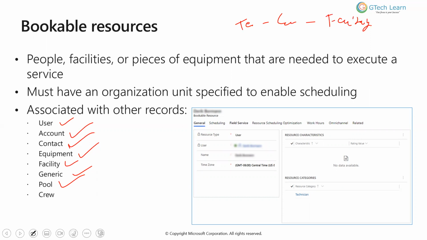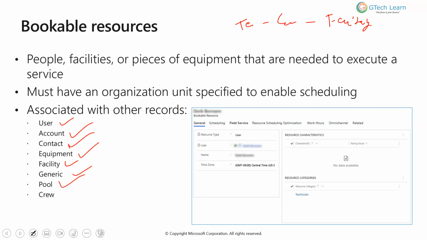If I create those kinds of pools here, I can utilize that pool to create a bookable resource. Those pools can be very useful whenever we are dealing with a service activity. If we have the pool available, we do not have to select the respective person one by one or in a different node.